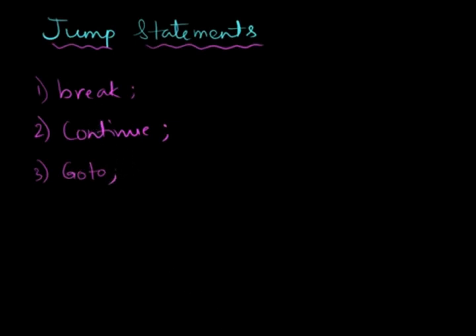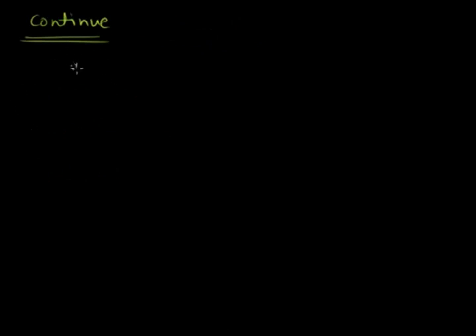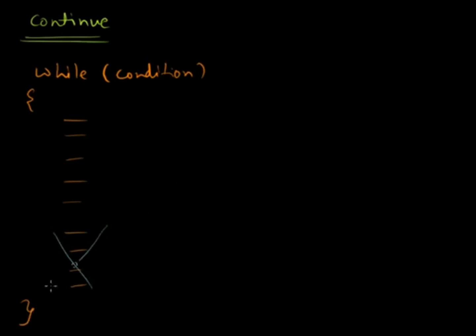Now let us look at continue. Let's say we have a while loop here, with a condition, and you have a lot of statements. We don't want to execute some of these statements. So we can put a continue here.